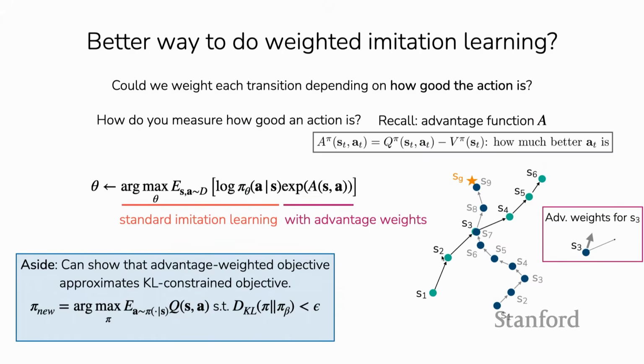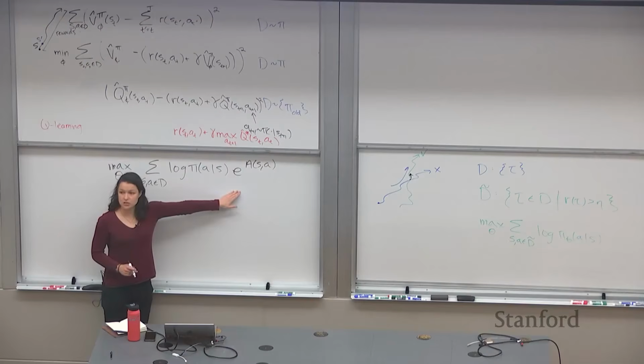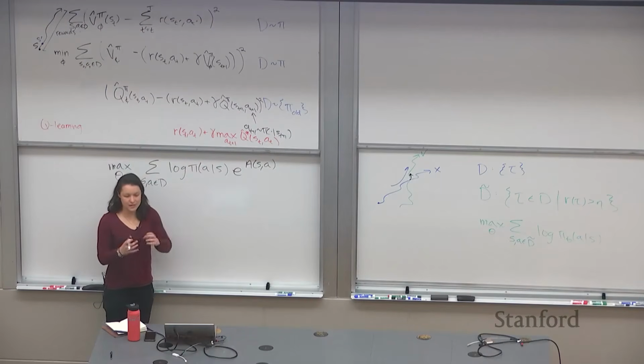And in this diagram, I actually tried to have S7 and S3 not be exactly the same state. And the reason why we don't need them to be exactly the same is that if we're using a neural network to represent the policy and the advantage function, then states and actions that are very similar to each other will naturally have similar outputs from that neural network.